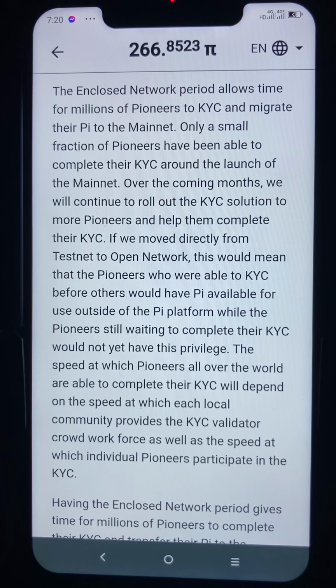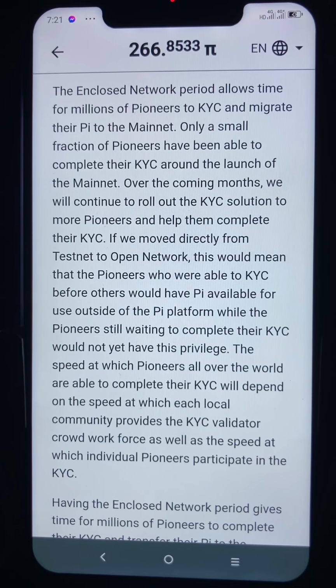The speed at which pioneers all over the world are able to complete their KYC will depend on the speed at which each local community provides a KYC validator crowd workforce, as well as the speed at which the individual pioneers participate in the KYC. So, it just basically means na the enclosed network is there dahil nga bibigyan tayo na enough time para ma-KYC tayo.